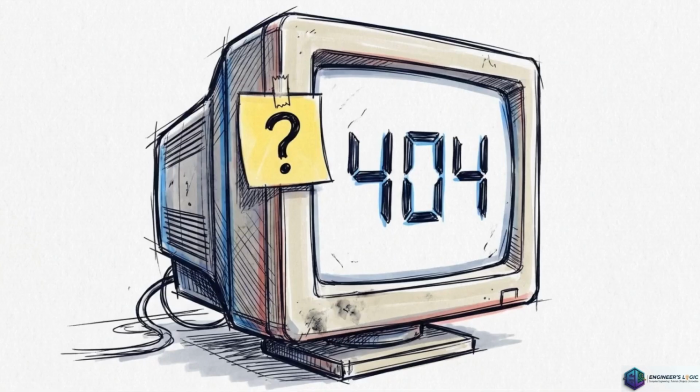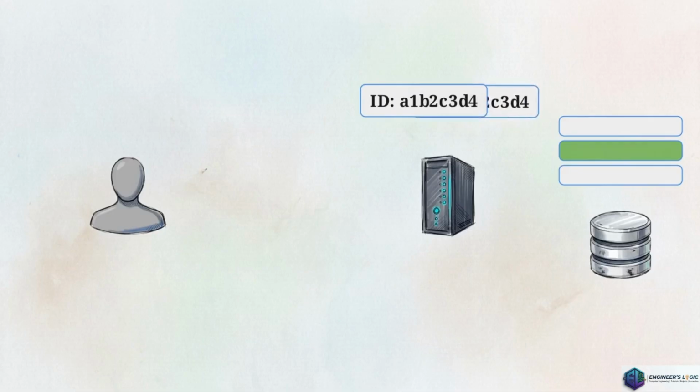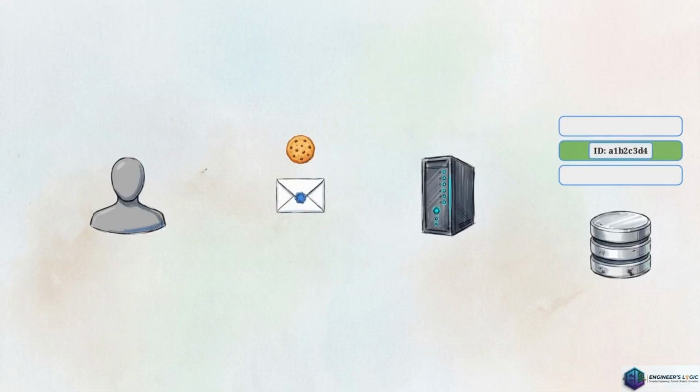Authentication must solve for the fact that HTTP has no memory. When a server fulfills a request, it has no native way of knowing if the next request comes from the same user. The traditional solution begins when a user submits credentials. The server verifies these against a record in its database. Upon verification, the server generates a unique session ID, storing it in memory or a database.